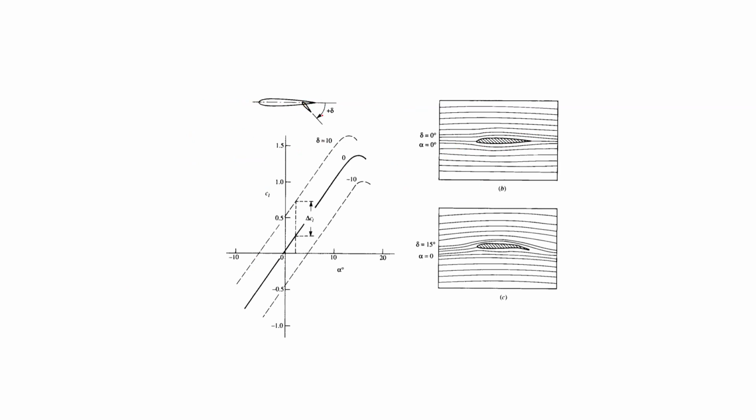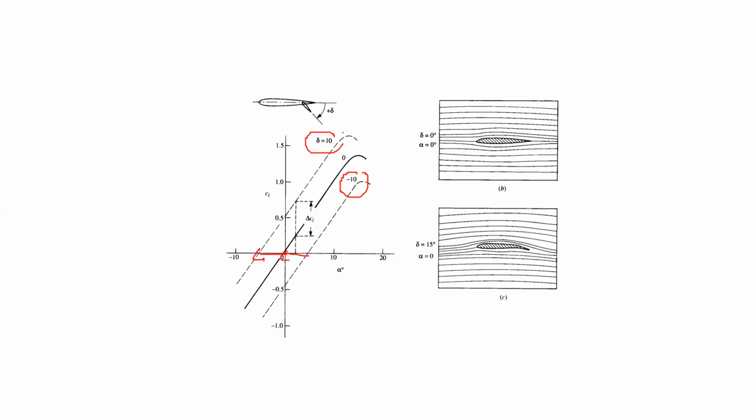When you deploy the flap positively, which is basically downward from the chord line, this entire wing can look like this. So effectively, camber changes positively. So camber is positive now. Now this CL versus alpha curve shifts in this direction when you deploy it at different flap angles. So this corresponds to flap equal to -10.